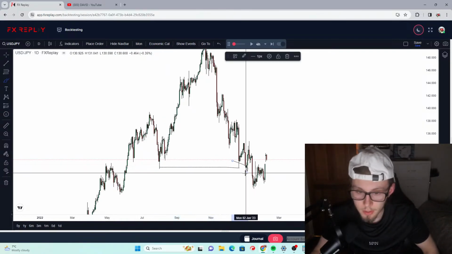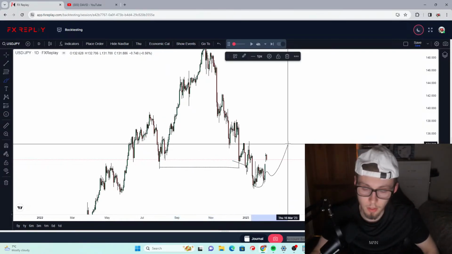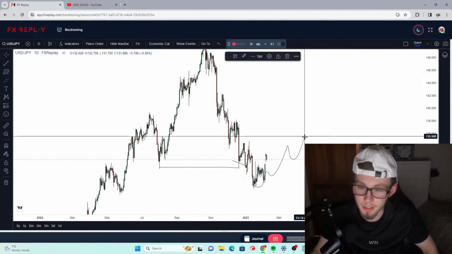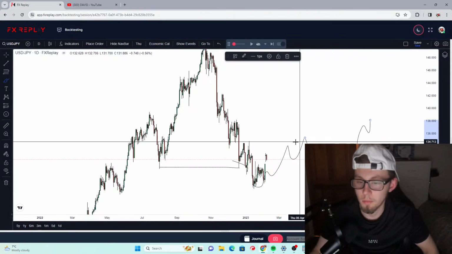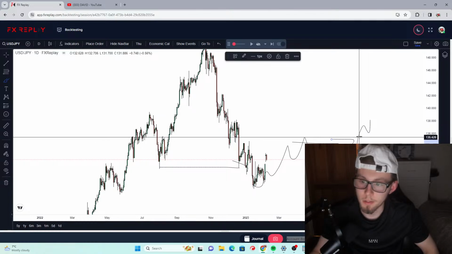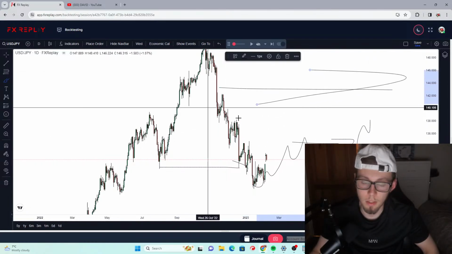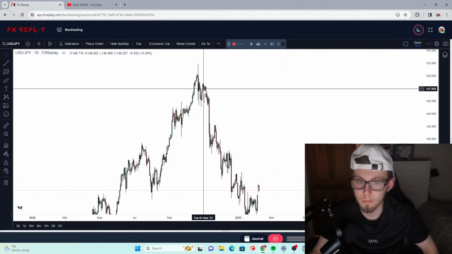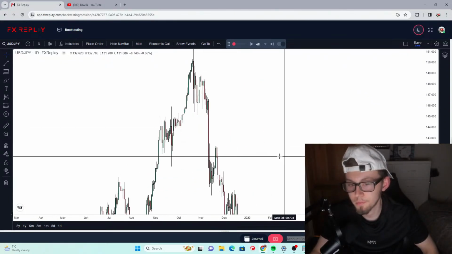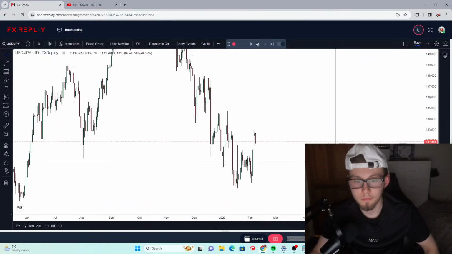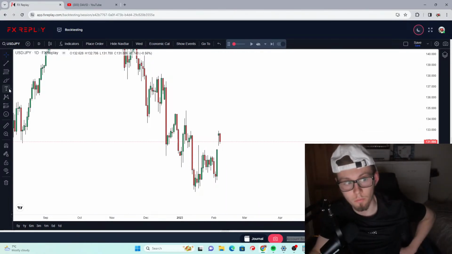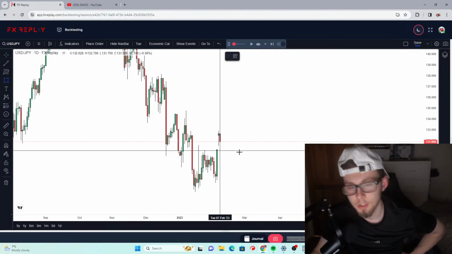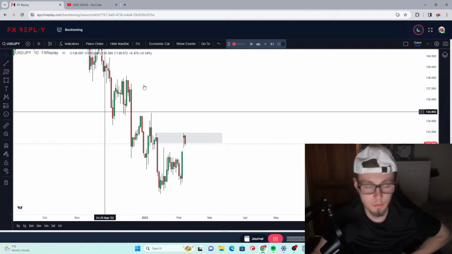Obviously, we understand model types, and if it starts to break long, make double MBs and absorptions and create more longs off of that, then there's a good objective that it's accumulating and it's just going long, and it's going to basically target this high, which at the moment, clearly no. I wouldn't worry about that. The expectation again is still going to be shorts, and you're going to be anticipating shorts from here.